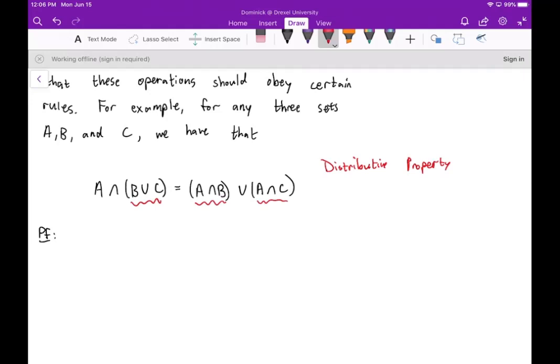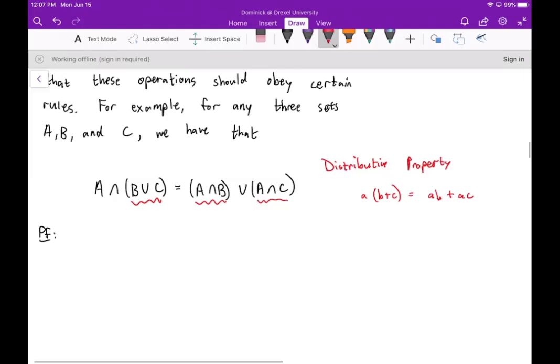Because, for example, if you were to think of these as just numbers, then we have A times B plus C on the left side. And on the right side, you would have A times B plus A times C, which of course is valid in the real numbers, right? So we sort of see an analog here.